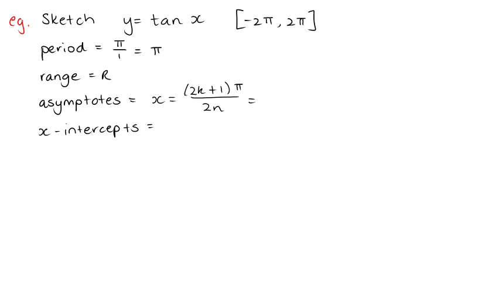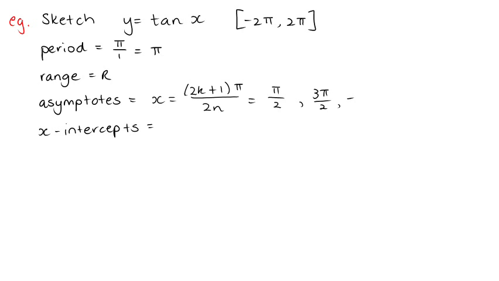So we get 0 plus 1 times pi, so that's just pi on 2. And now what would you have if k was 1? 3 pi over 2. 3 pi over 2, yep. What would you have if k was -1?